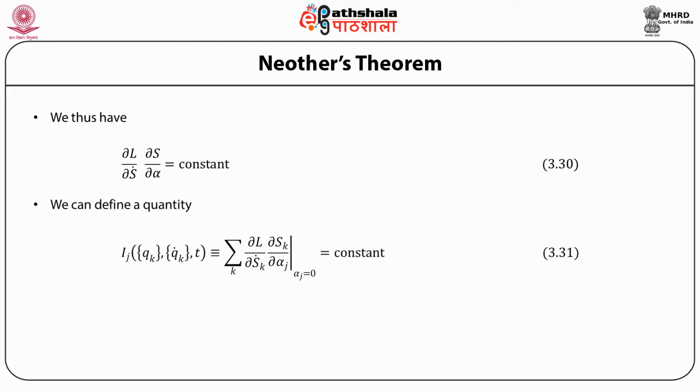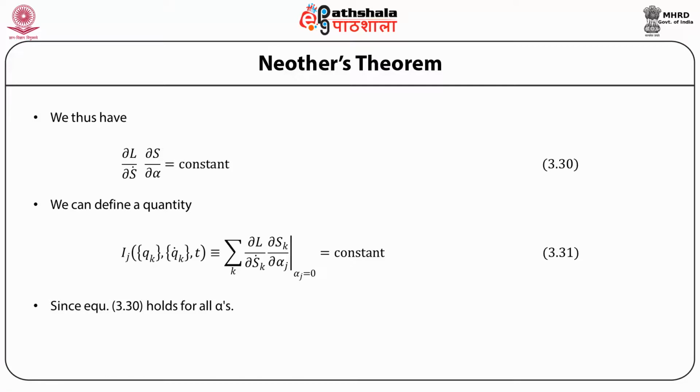We can therefore define a quantity Iⱼ, which is a function of the set of generalized coordinates and the velocities, as the sum over k of ∂L/∂Ṡₖ multiplied by ∂Sₖ/∂αⱼ in the limit αⱼ goes to 0, equal to a constant. Why can we do that?